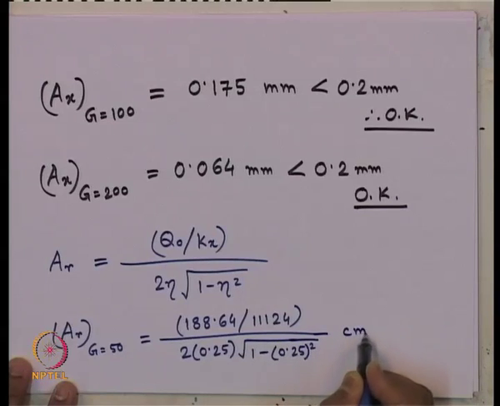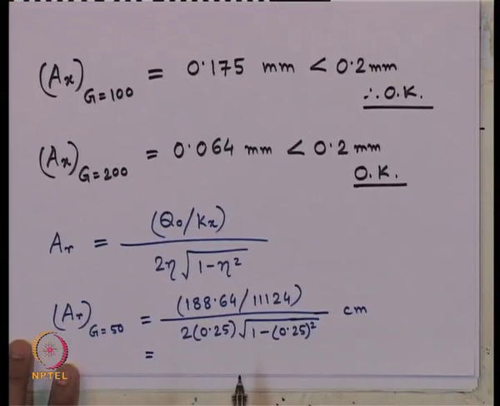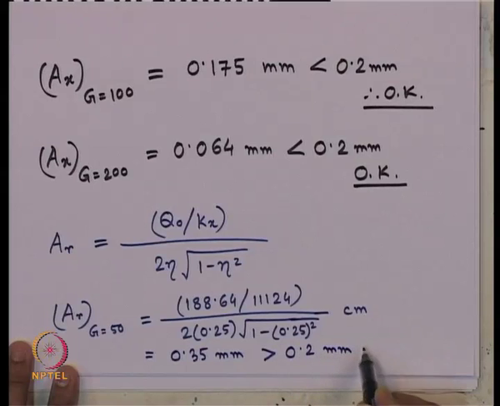So much of centimeter. So, if we calculate this in millimeter, how much is it coming? 0.35 millimeter, which is greater than 0.2 mm, hence not okay.